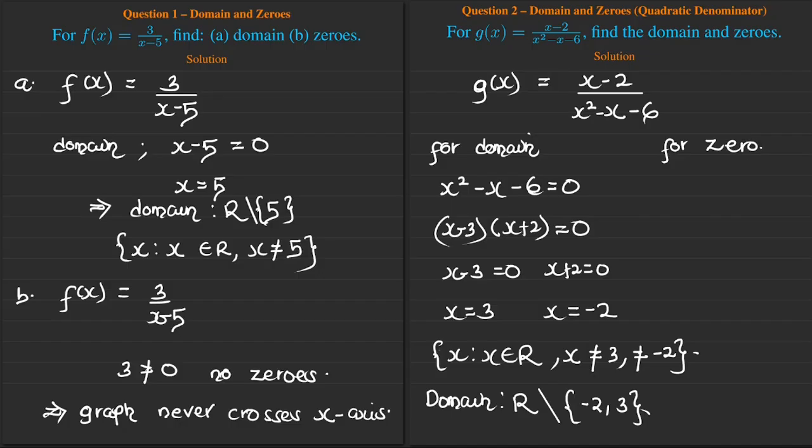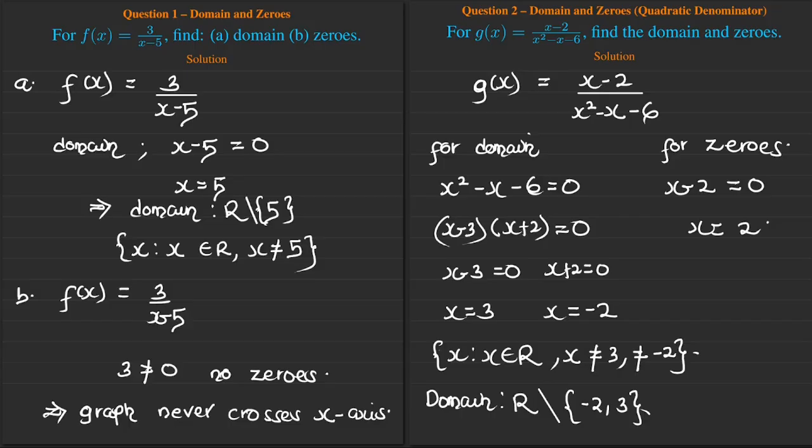We equate our numerator to 0. That is x minus 2, which is equal to 0, and our x is equal to 2. So the zero of this function g of x is x equal to 2.